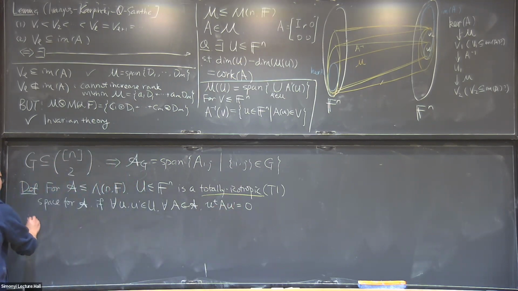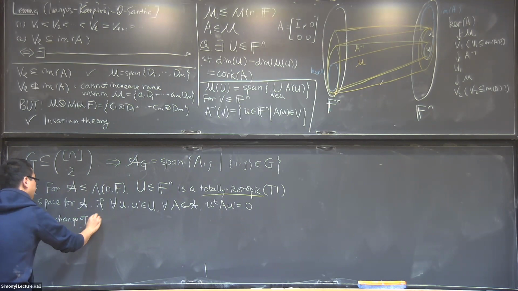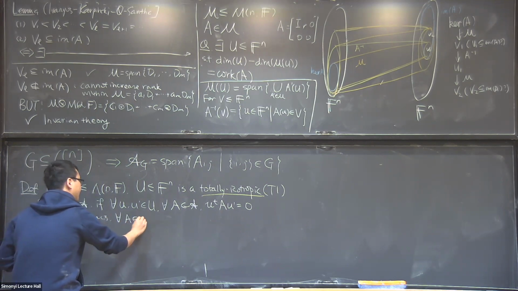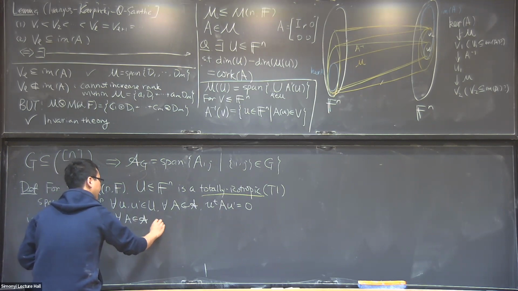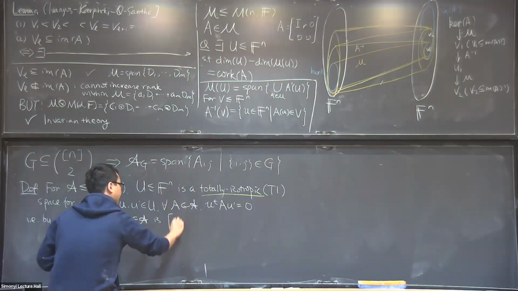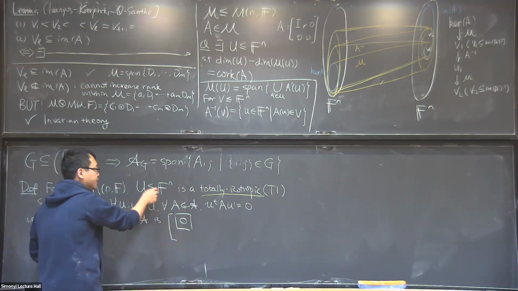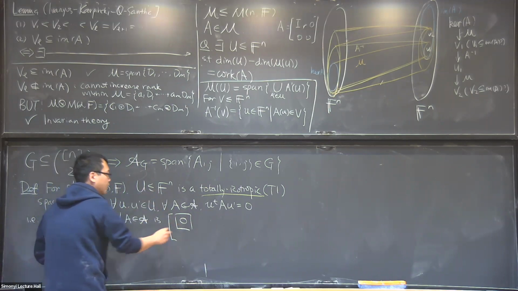So if I change our basis, every A in A should be of this form. So you have a large block of 0. If it's dimension D, then it's a D by D large block of zeros.